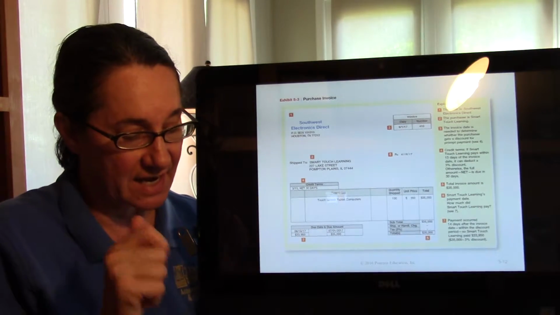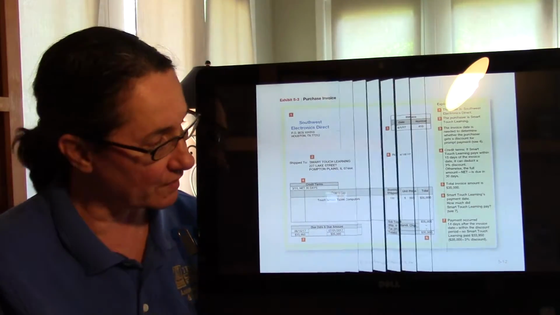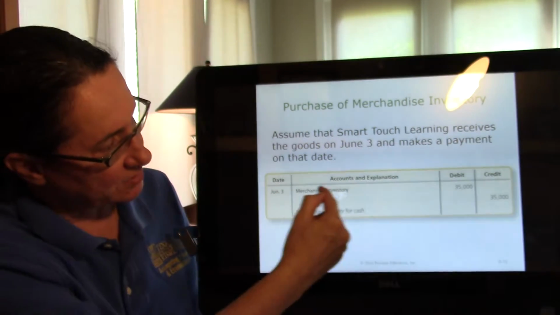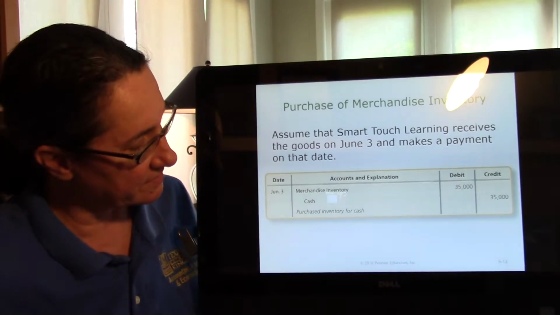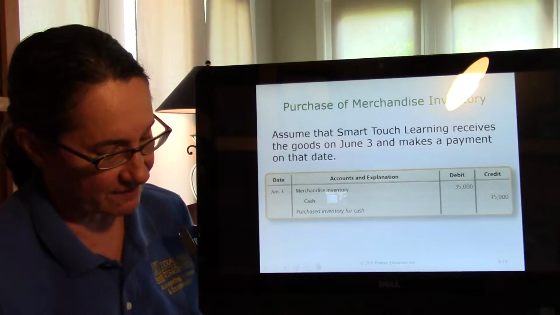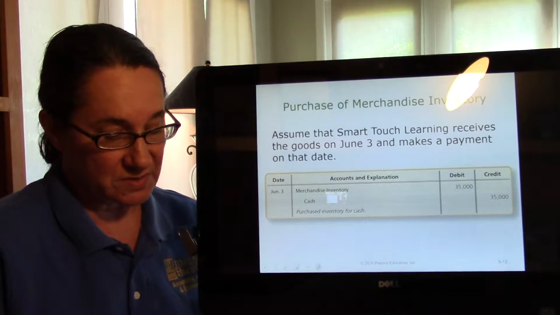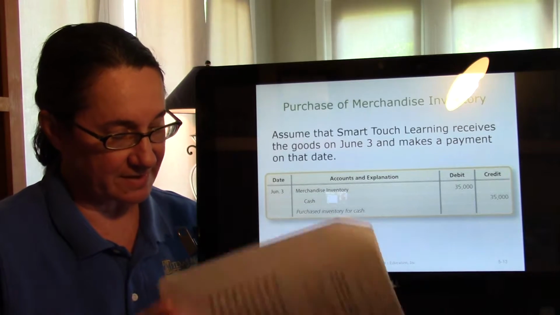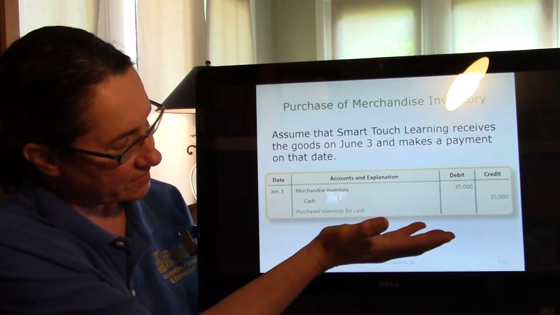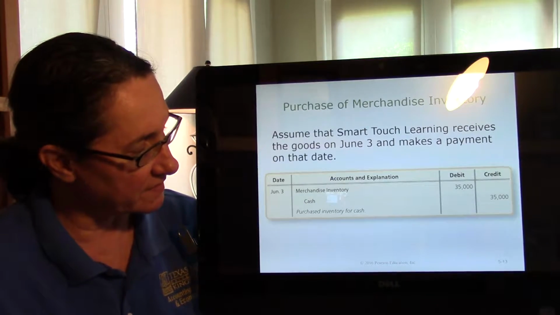It's an asset, and you increase assets with a debit, right? So how would that look like? Well, merchandise inventory, $35,000 debit. Cash, assuming you pay cash for it, cash, $35,000. Credit. On June 3rd, SmartTouch Learning will record the purchase by debiting merchandise inventory. So there you go. We've increased one asset, merchandise inventory, and decreased another asset, cash.